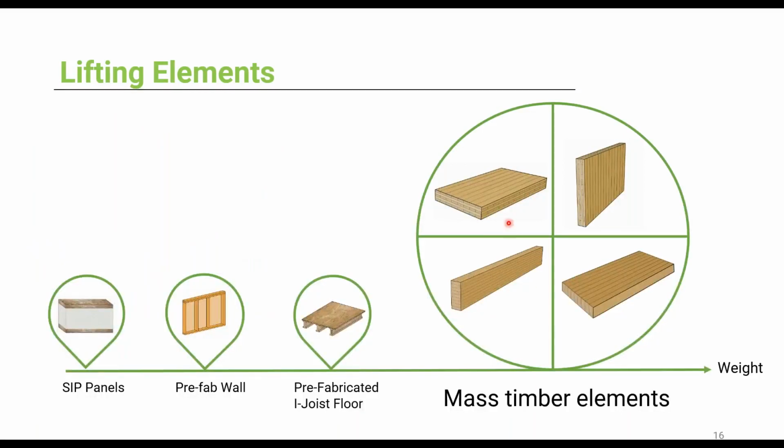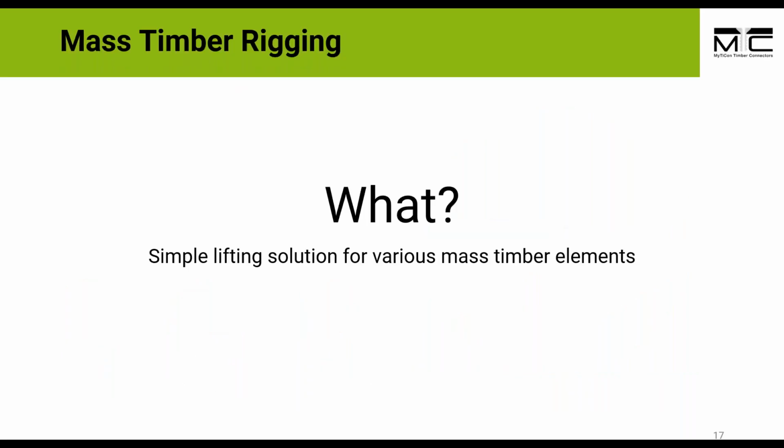These include floor or roof CLT panels, wall CLT panels, glue-lam beams, or nail, dowel, or glue laminated timber. You can lift other special elements depending on the projects. These are just some general ones. So what was the yoke anchoring system? It is a simple lifting solution for various mass timber elements.